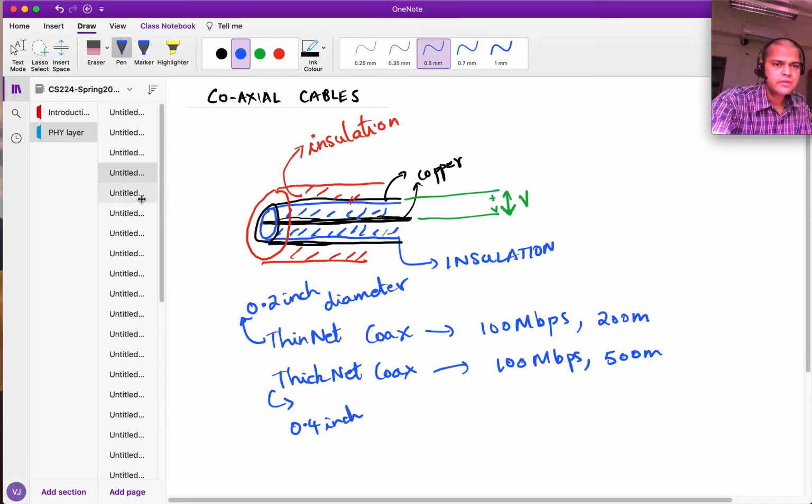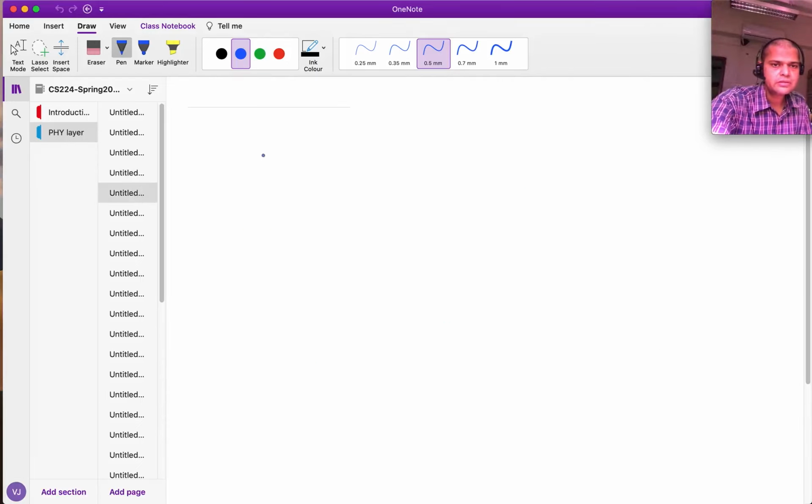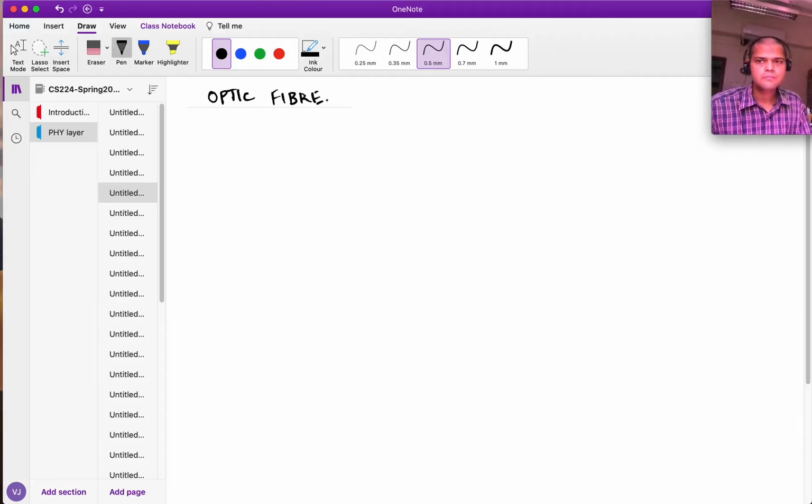So what else do we use for wired communication? Well, besides twisted pair and coax, you would be familiar with optic fibers. So optic fibers were more rare in the past, but now you have optic fibers even coming to the home. Right?